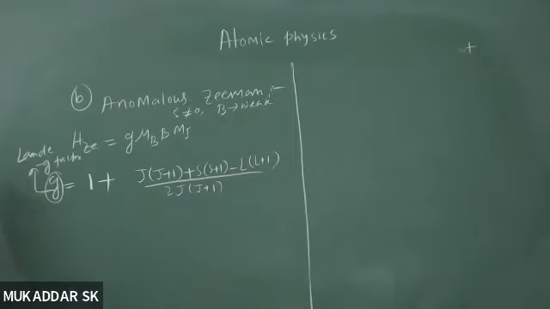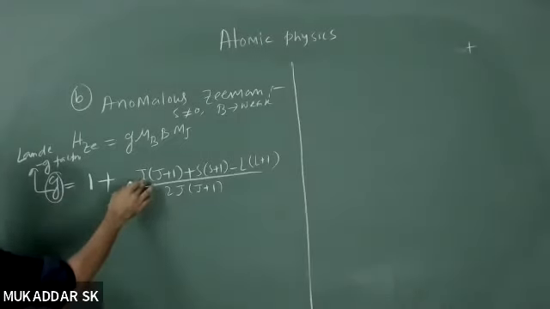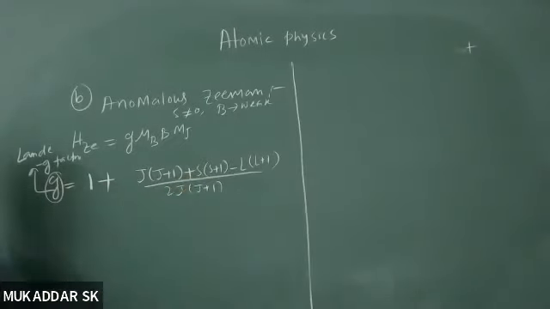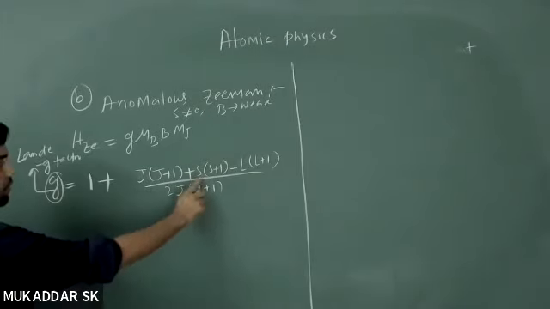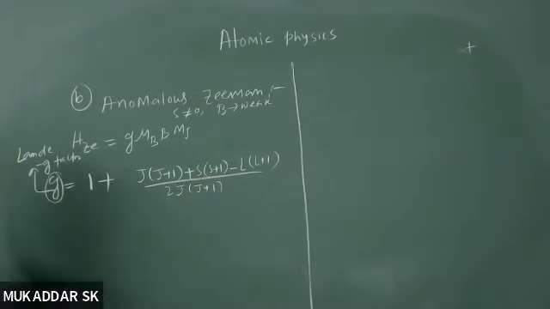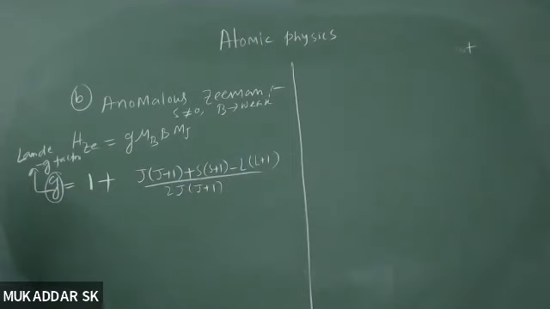Many times in CSIR questions they used to ask what the value of the g factor will be. They will provide you J, S and L. In 2018 recently, they provided J as 2, S is 1, L is 1. So how much will be the value of the g factor? It's a simple one-line calculation and that was a 5 marks question.